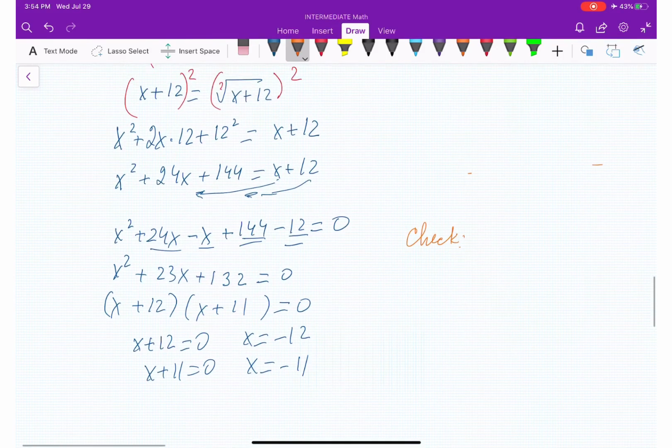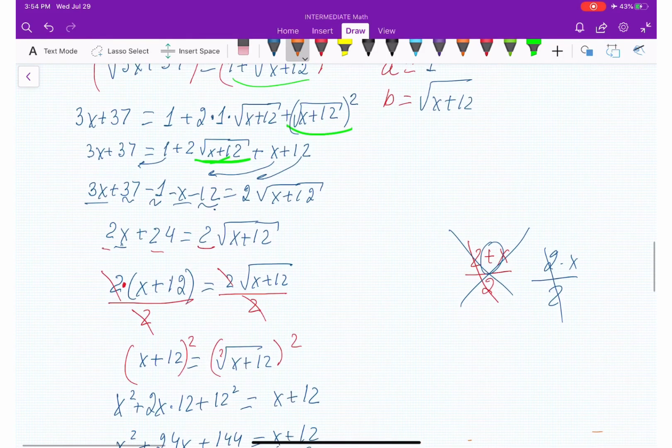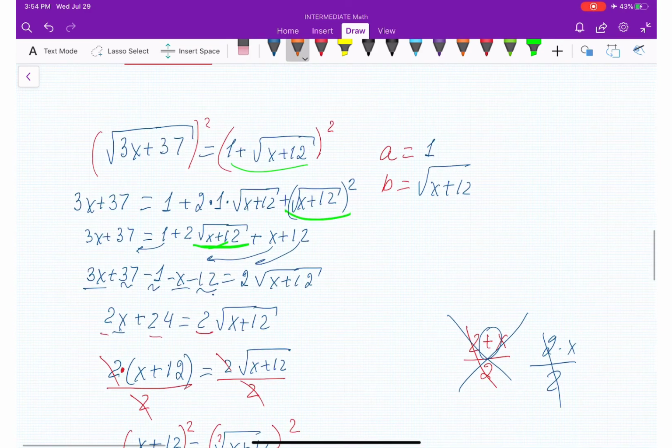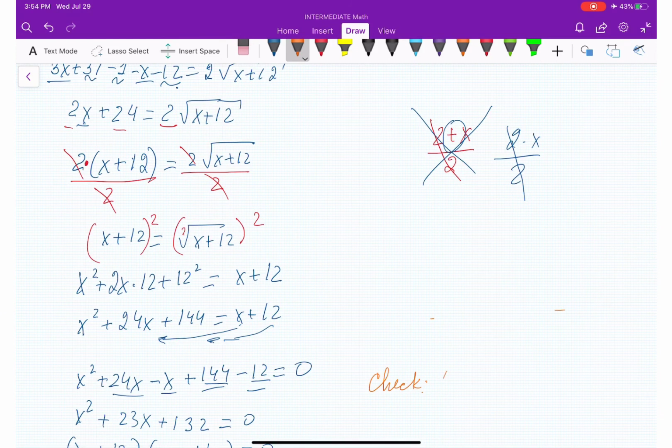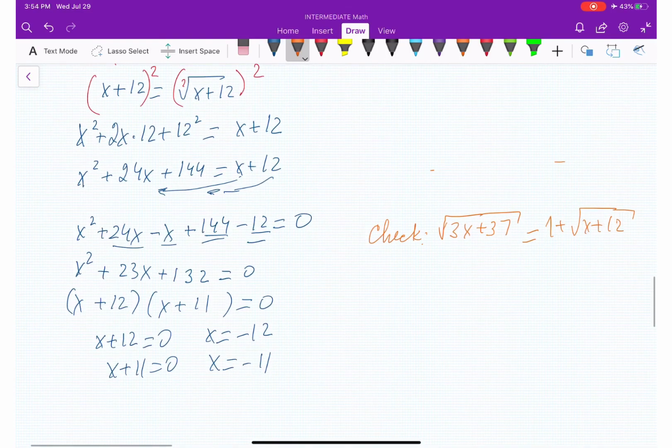Where is the beginning of this problem? Here it is. So it's square root 3x plus 37 equal 1 plus square root x plus 12. Okay, let's plug numbers. I'm plugging negative 12.